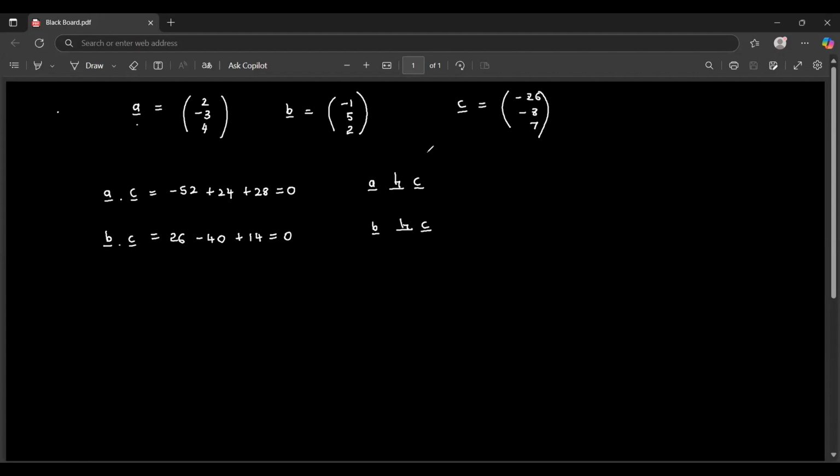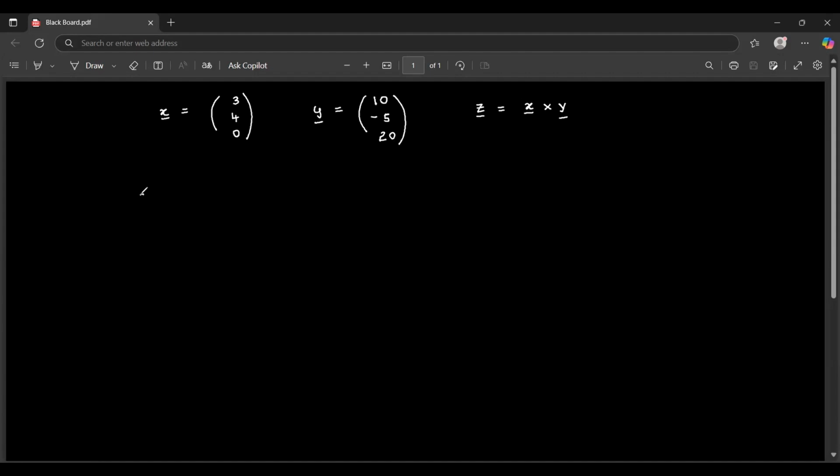Now let's do a practice question. Try to do it by yourself. If you have to do x cross y, first of all, write it down in determinant form: i, j, and k. Then x value 3, 4, 0, then y value 10, minus 5, and 20.